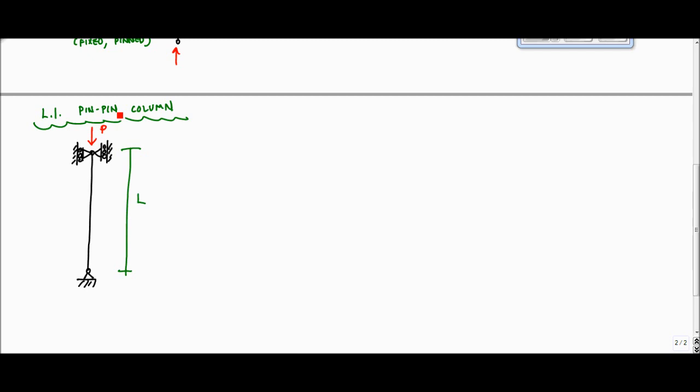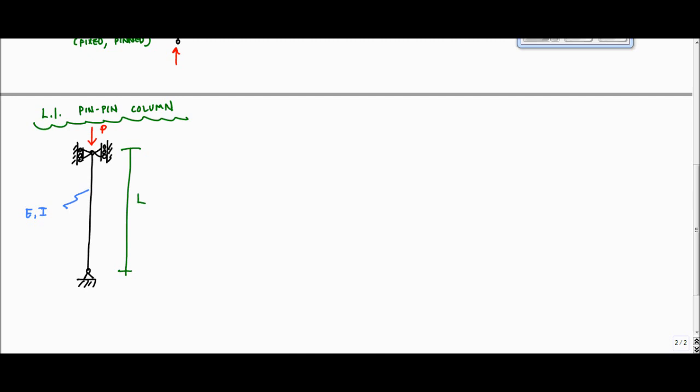And this thing also has material properties and moment of inertia. Right now, we will not distinguish between symmetric or non-symmetric sections. We'll just say that it has one symmetric cross section. So we're going to assume symmetric for now. So E, I, L, all those factors right here.